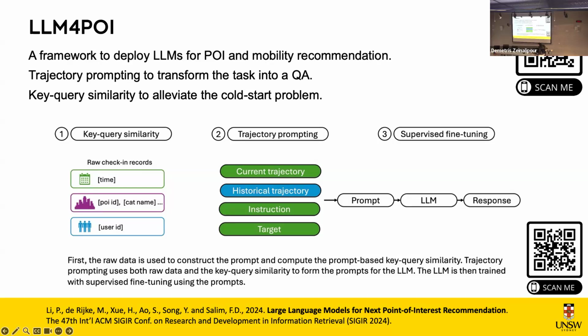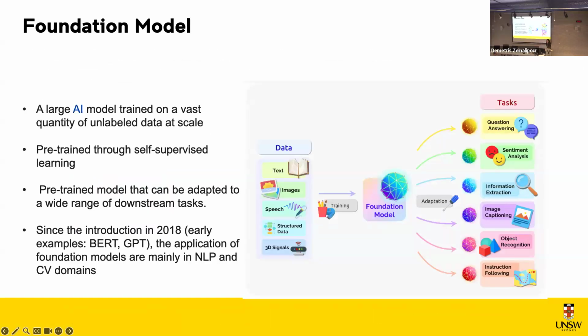But one thing I need to say about LLMs: the dream is something like this, but for time series, we're not there yet. Train on all kinds of data: text, images, speech, whatever.